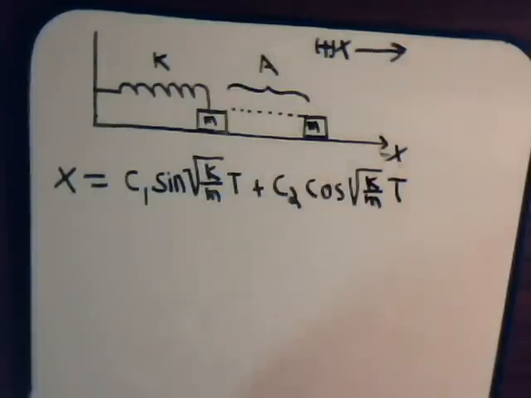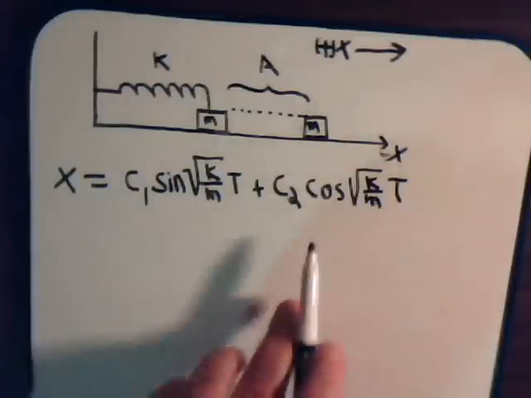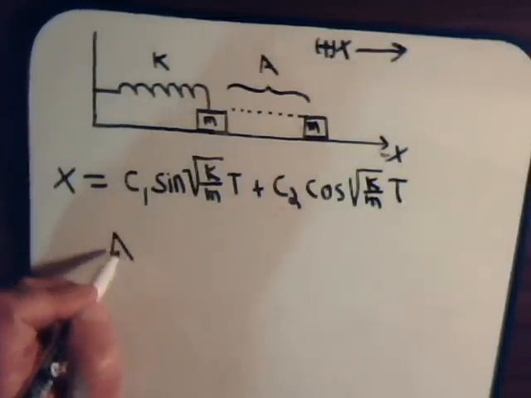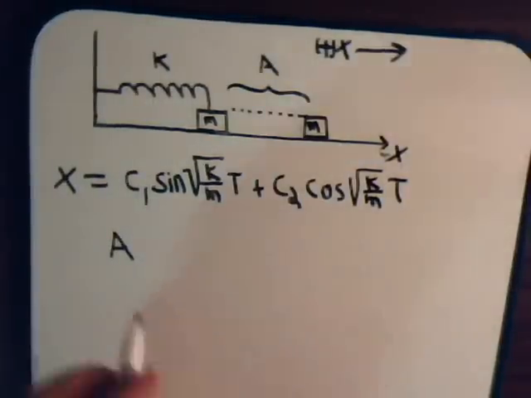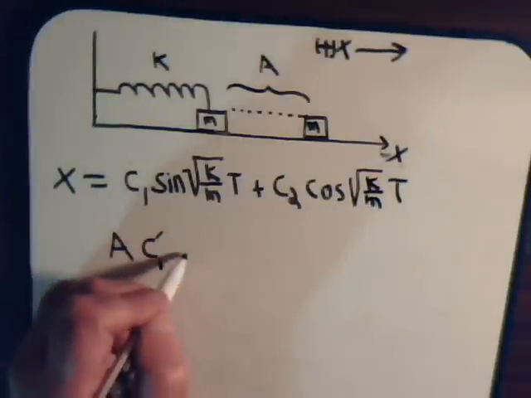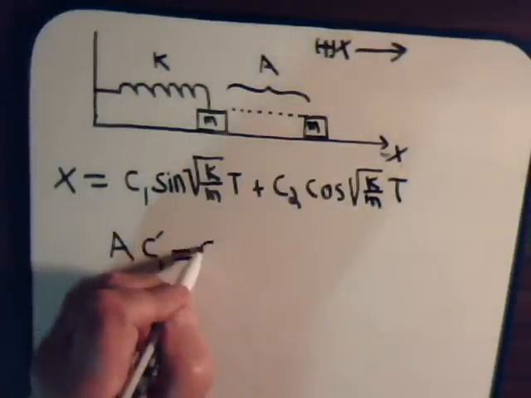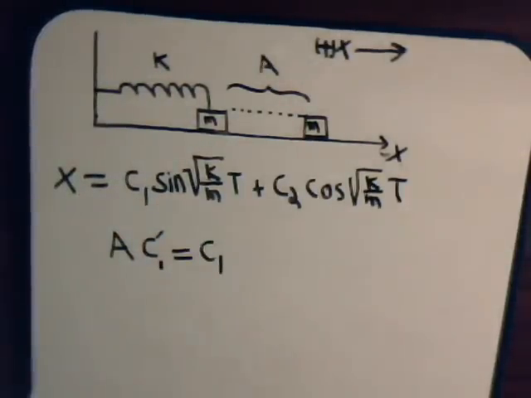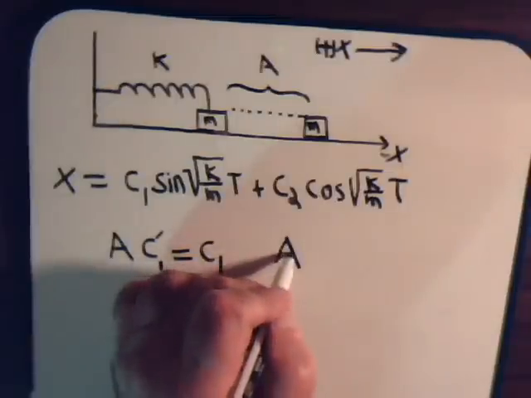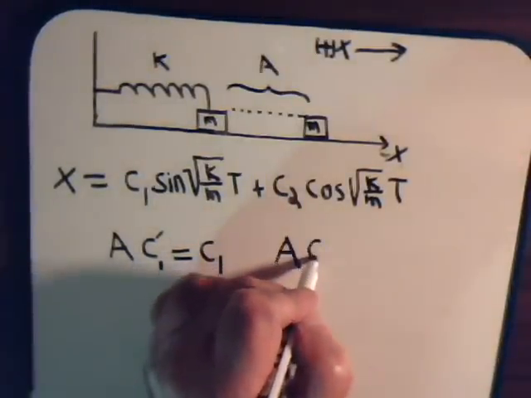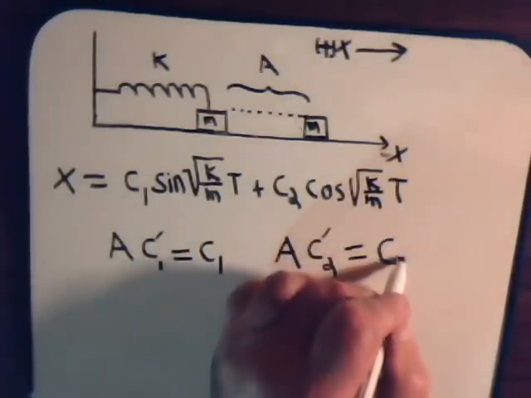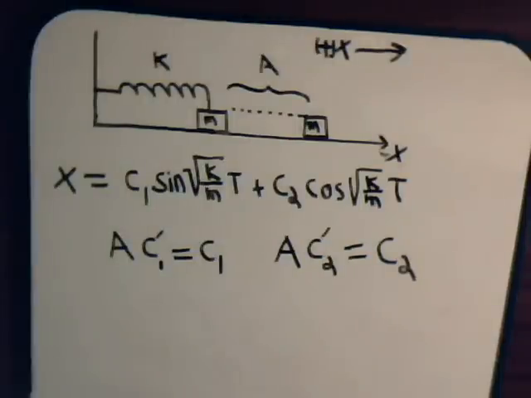We want, and it's our choice since these are arbitrary, to set it up so that the amplitude A multiplied by some other constant, we'll call it C1 prime, is what this is. And likewise, the amplitude A multiplied by some other constant equals this one.